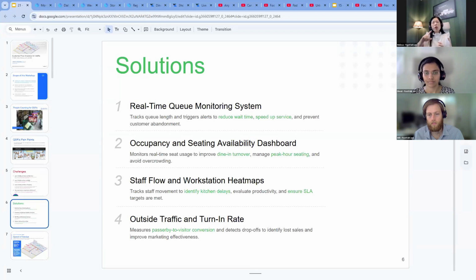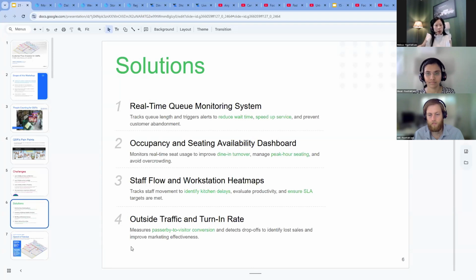We're only measuring the heat map of the station and whether there is unnecessary movement between the stations. So we are identifying inefficiencies or bottlenecks, especially in the kitchen, that could impact the service speed. So the management can address those bottlenecks. Data is aggregated to support training, planning, team-based performance improvements, and all that.